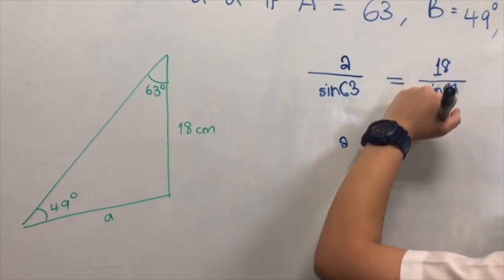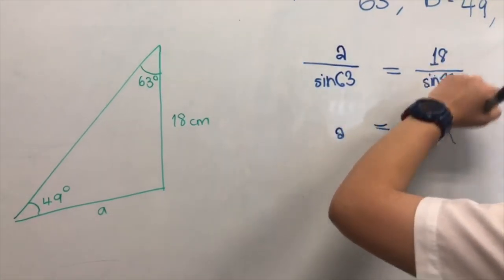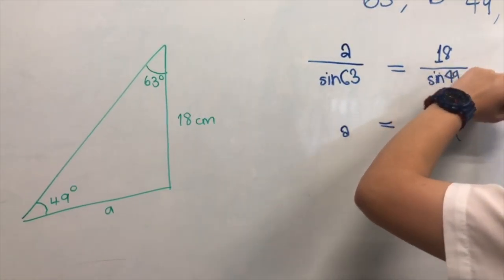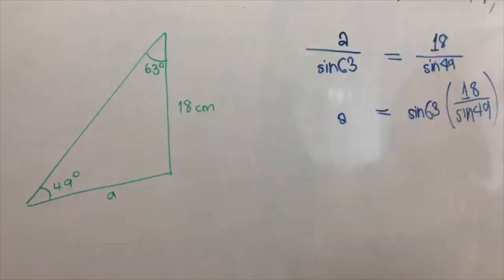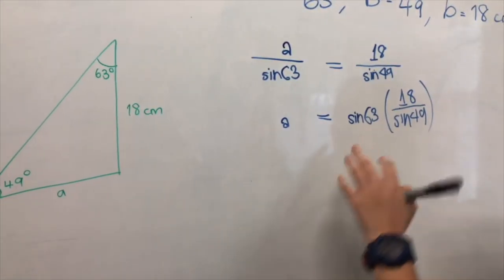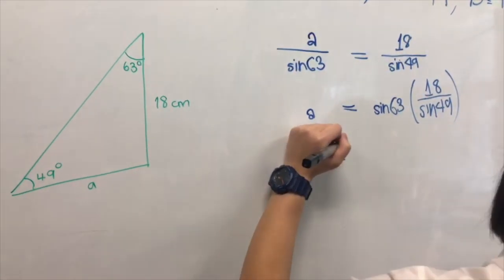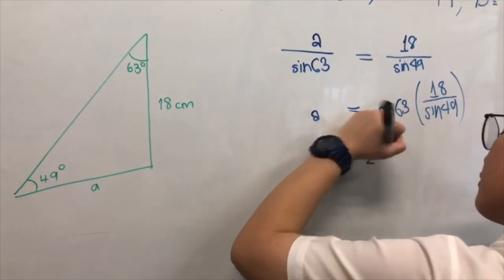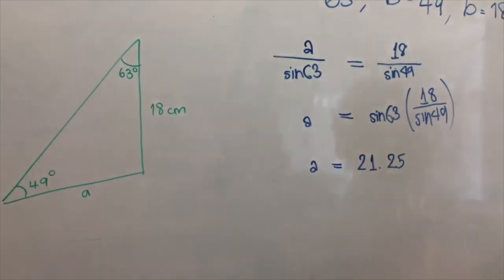So it will be sine 63 multiplied by 18 over sine 49. Then you can just plug this into the calculator, and the answer for A will be A equals 21.25. Bravo, you get your answer.